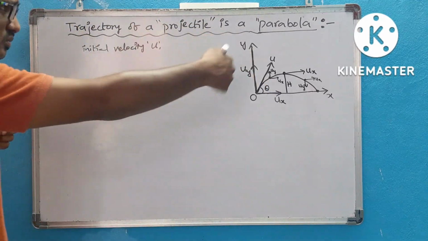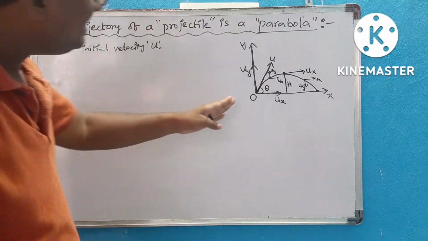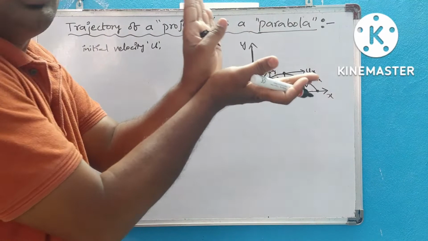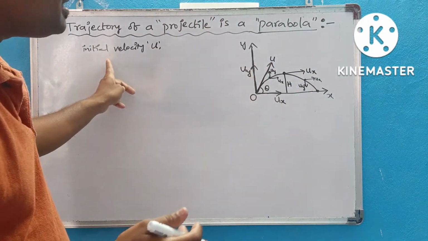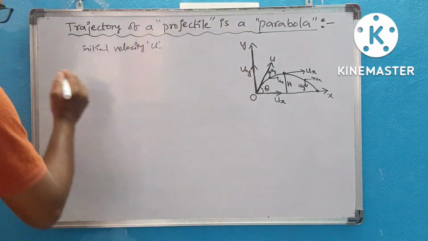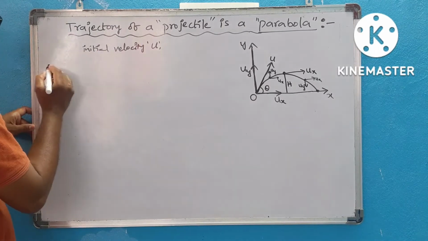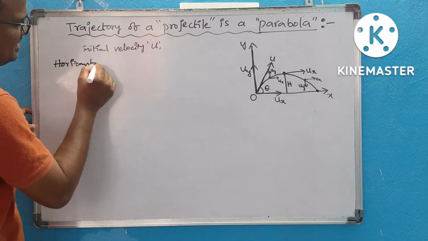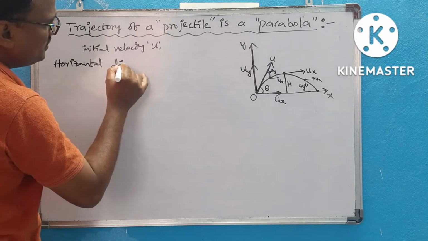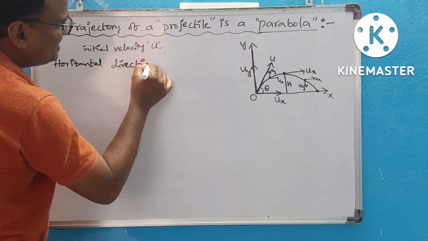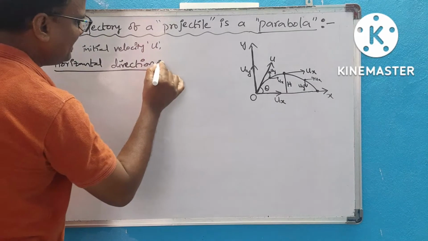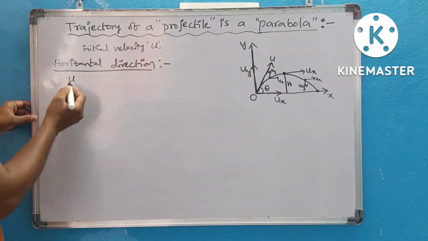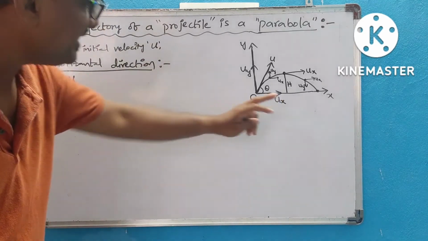So now here the resultant velocity can be split into two components. First we consider the horizontal component. For the horizontal direction, u can be considered as ux, right?